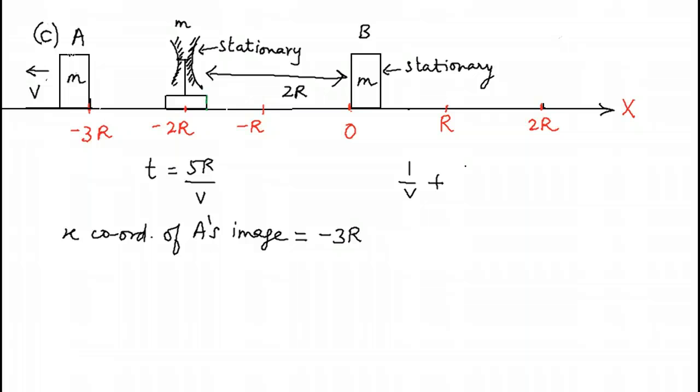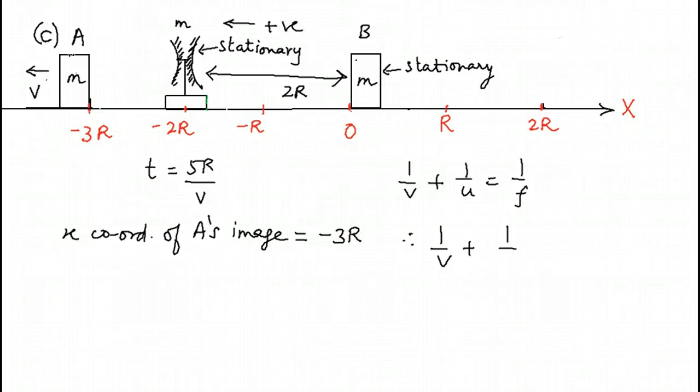1 upon v plus 1 upon u is equal to 1 upon f, and hence 1 upon v plus 1 upon, now to find u, remember, according to the Cartesian convention, the direction towards the mirror is taken as positive, and so the coordinate of the object P with respect to the pole of the mirror is equal to this distance 2r, but with a negative sign.